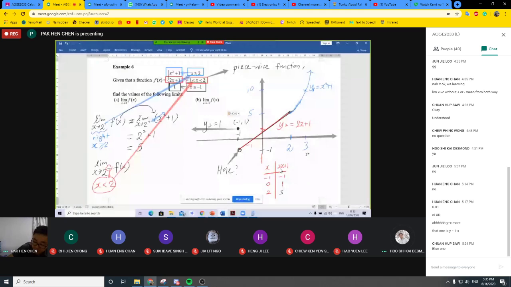Therefore, the function that I'm going to substitute for this limit will be 2x plus 1. Everyone follow? Now we can also substitute 2 into it. We have 2 times 2 plus 1, which is 5. Understand? Are they the same?